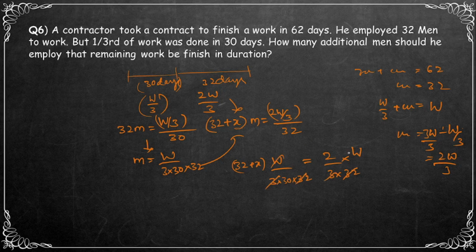Now W cancels. 30 into 2, 60, right? So 32 plus x is equal to 60. So x is equal to 60 minus 32, which is 28. So the answer is 28 additional men.